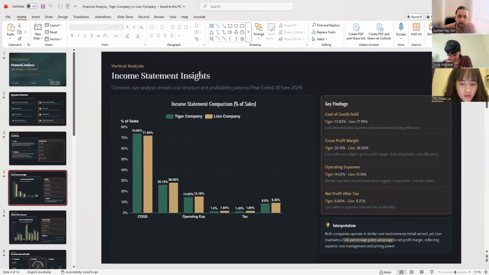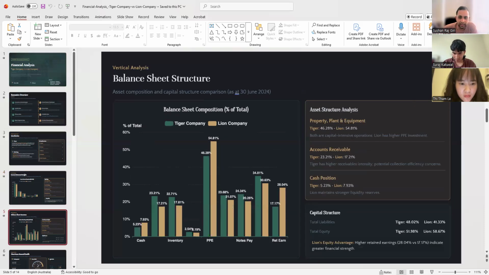We use three main methods: vertical analysis, also known as common-sized analysis, to compare financial structure; ratio analysis, covering five key financial dimensions; and qualitative assessment, considering industry context and financial risks. This multidimensional approach allows us to form a balanced and well-supported conclusion rather than relying on a single metric.